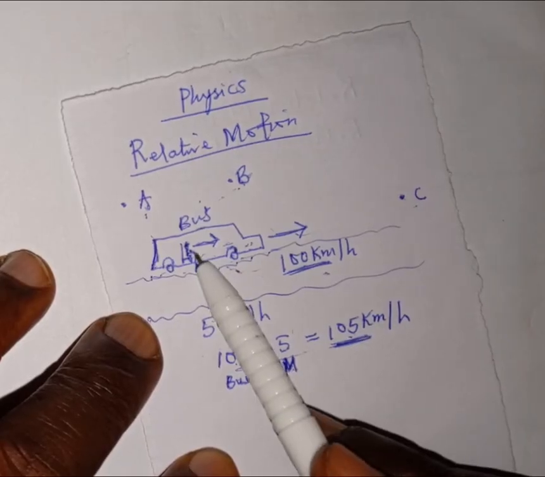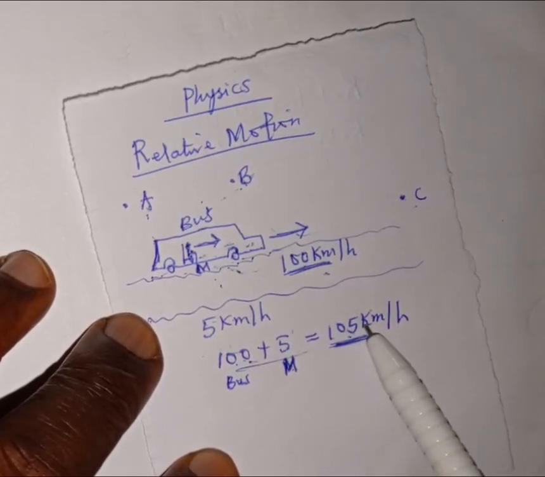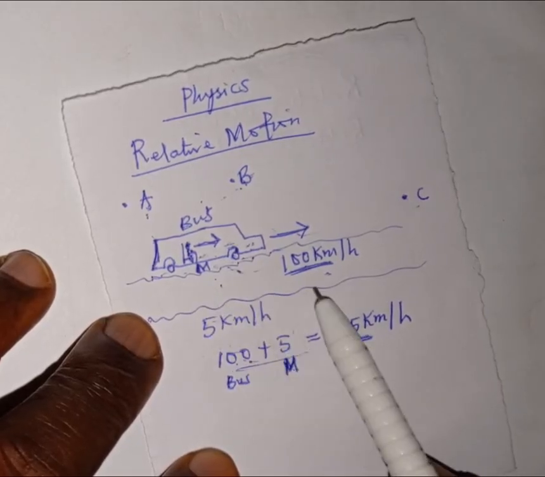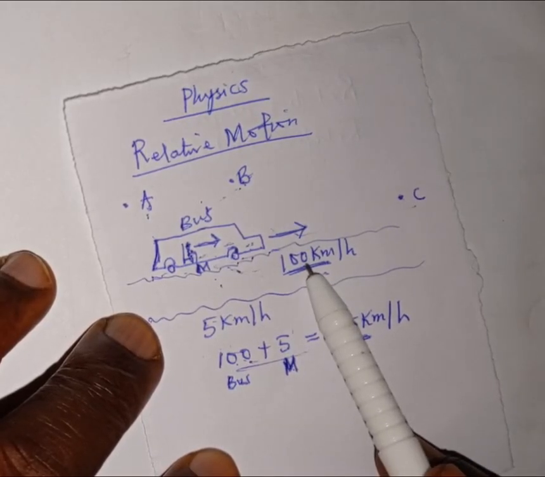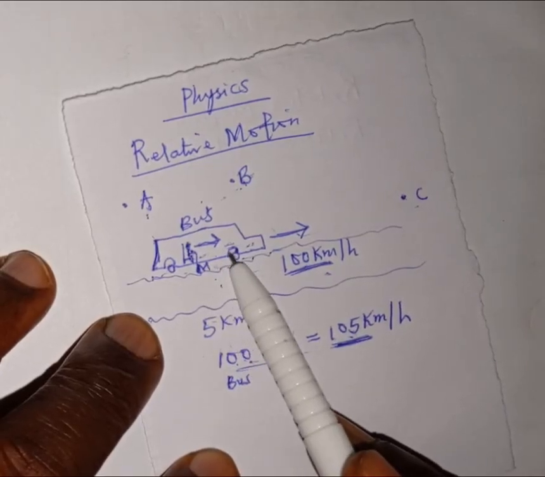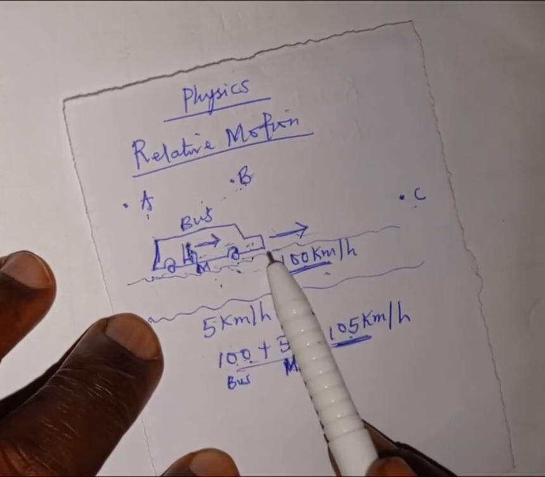So the young man's speed relative to the earth is now 105 kilometers per hour, while the bus speed relative to the earth is 100 kilometers per hour, towards the driver.